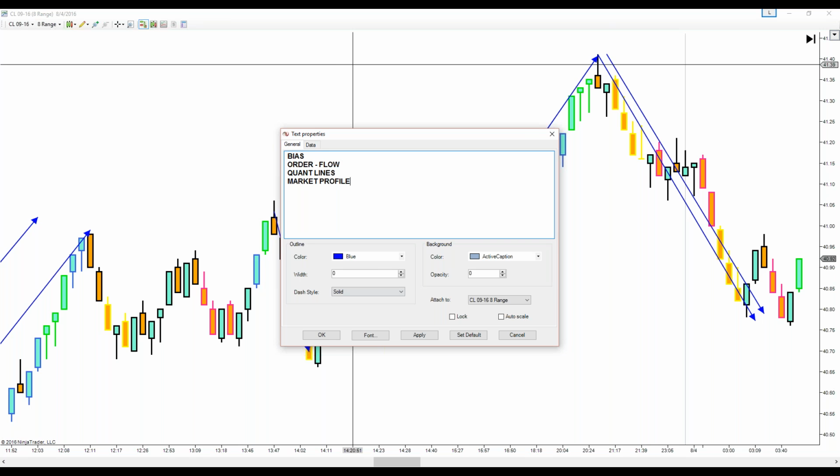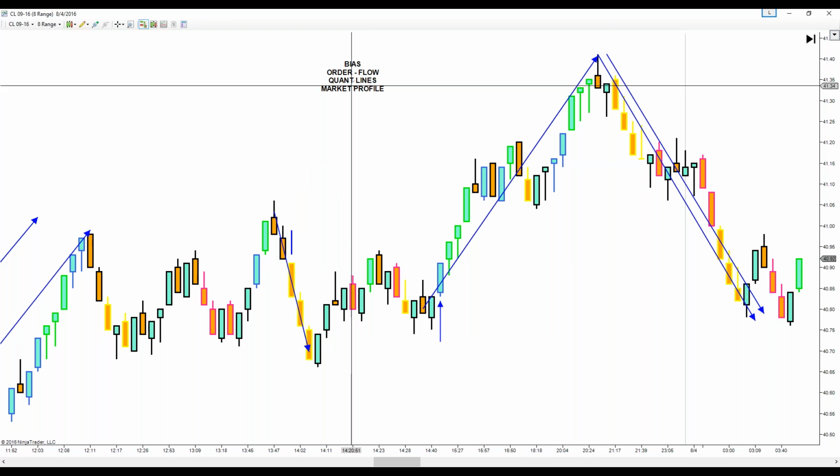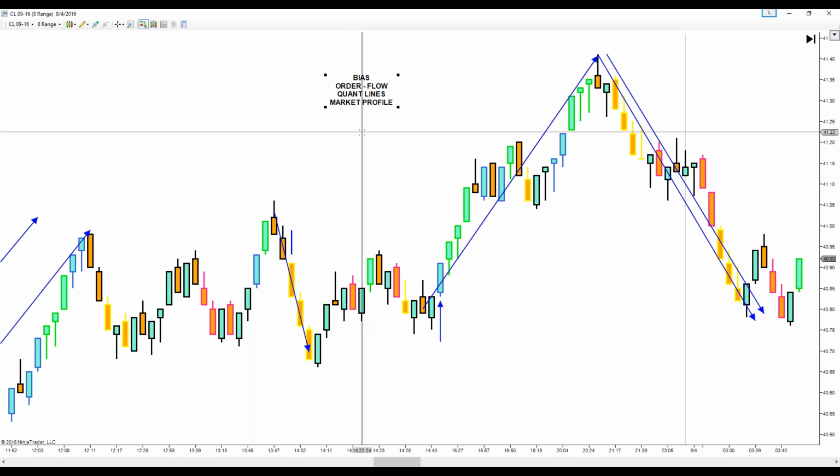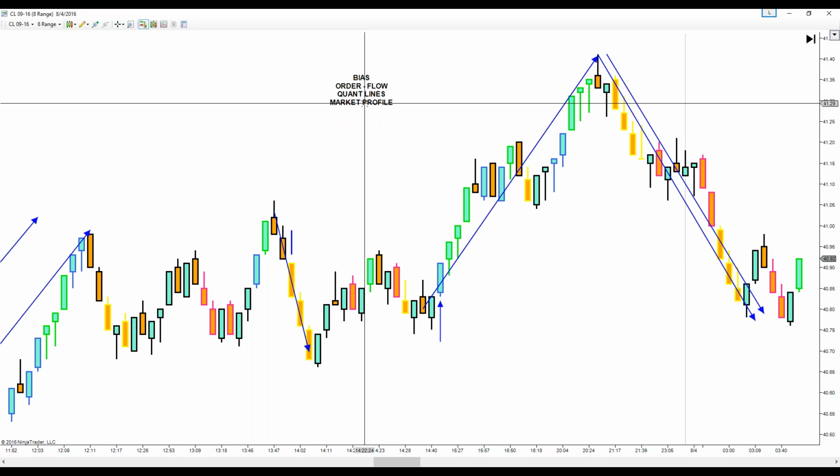No matter what system you're using, one or a combination are going to markedly increase the precision of your trading entries and make you a more profitable trader. Now, if you're not trading profitably, this may give you the edge that you need to trade profitably.